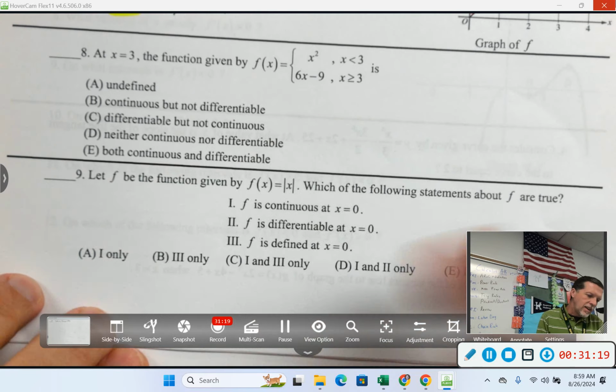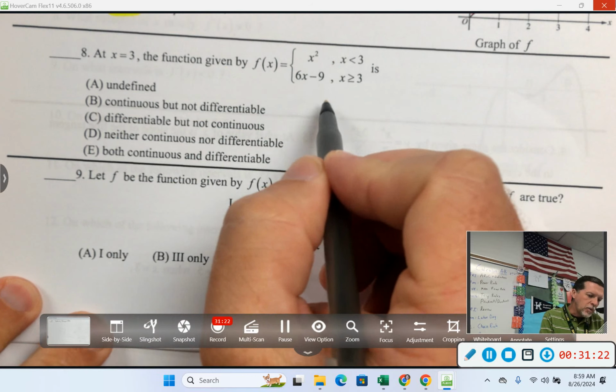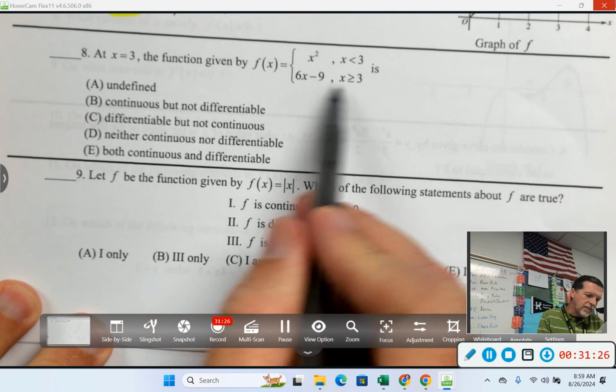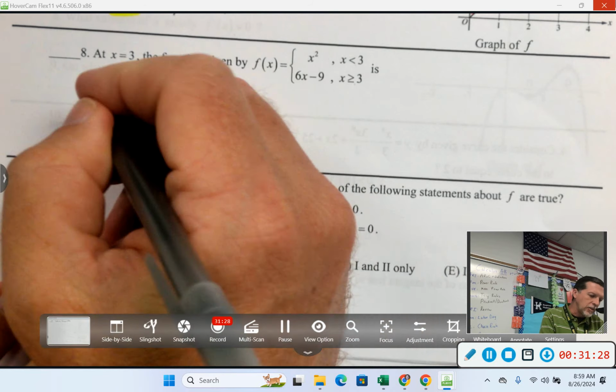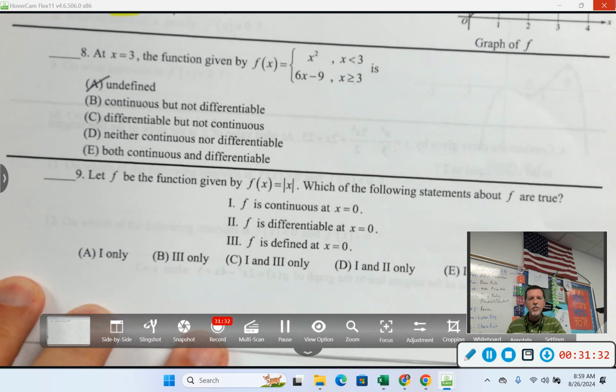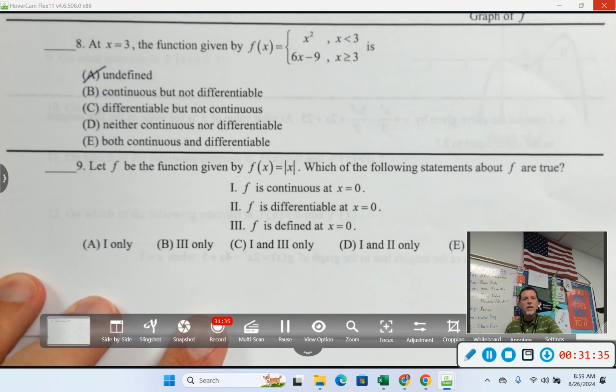Number 8, function given by, it's piecewise. At 3, undefined. It's definitely not undefined because there's an x equals 3. And then we're looking at continuous versus differentiable. One of those answer choices I can definitely rule out without testing anything.